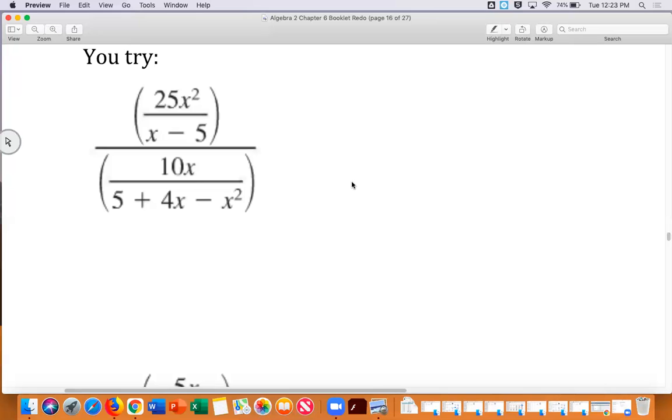Yeah, so flip that. So put the 5 plus 4x minus 2 on top. Yep. So remember, what you're doing here is you're going to multiply by the reciprocal. So you're going to take the bottom fraction, flip it. So you're going to write times. And then you're just going to write flip this.